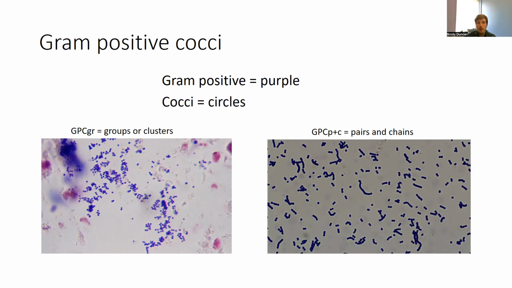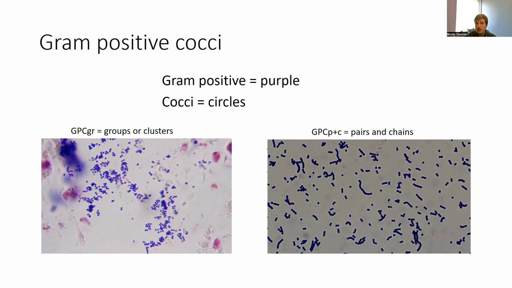We often describe gram-positive cocci as being either in groups or clusters. That's our picture on the left, where you can see these little purple circles scattered around and often in little bunches. Or on the right, we have gram-positive cocci in pairs and chains, where instead of being clustered together, you can see that as they divide, they form these chains or strips that have a bit of directionality to them.